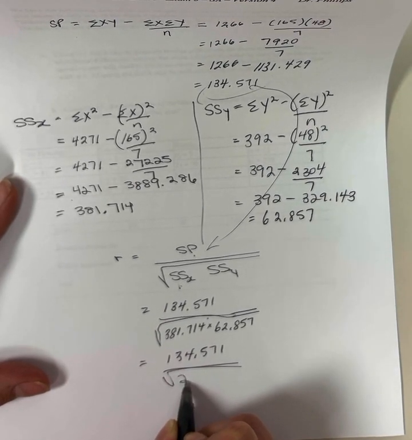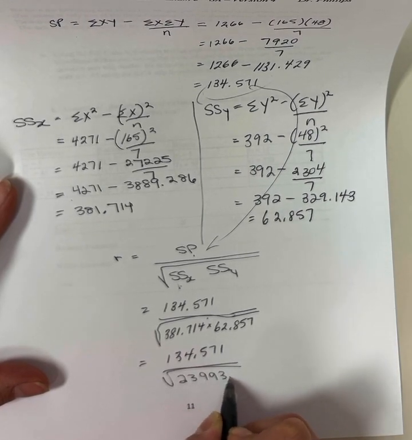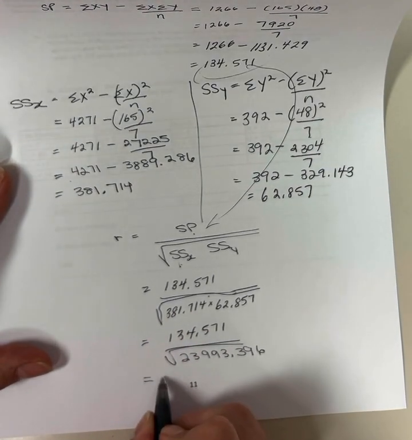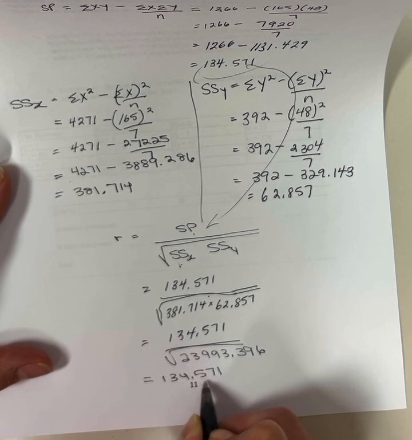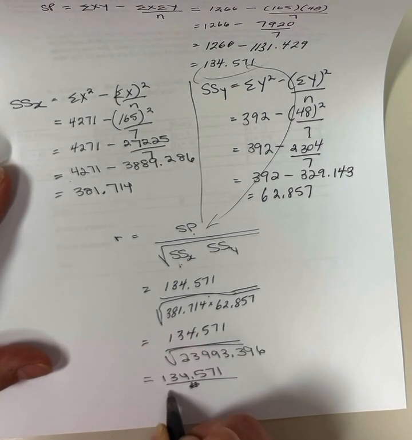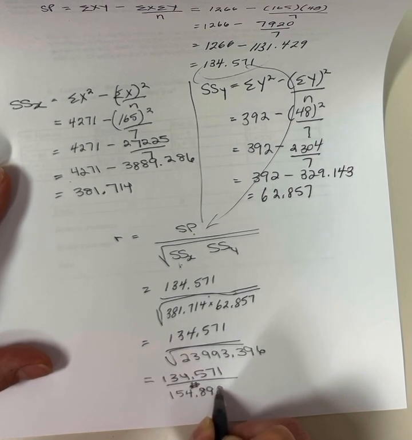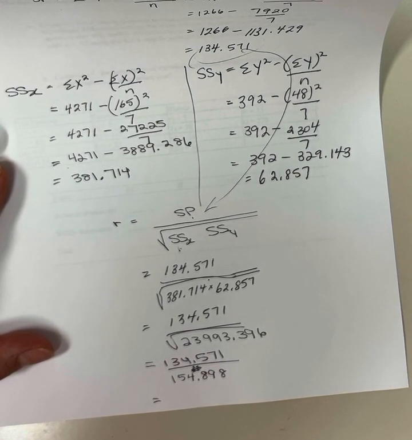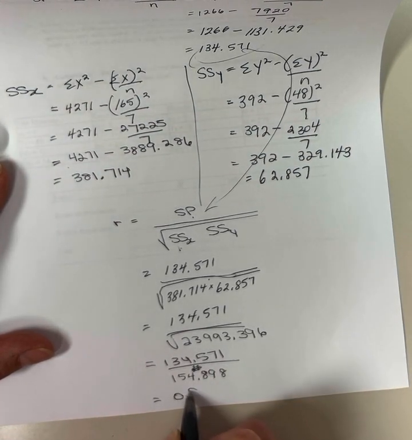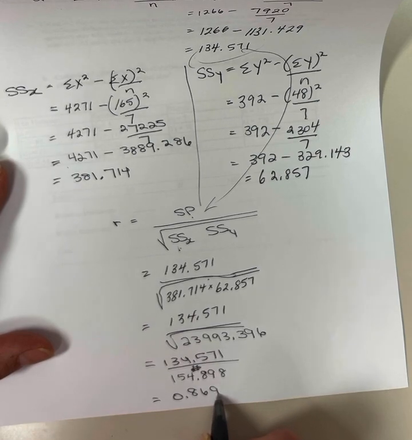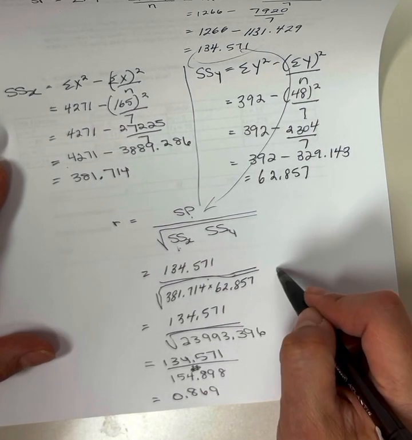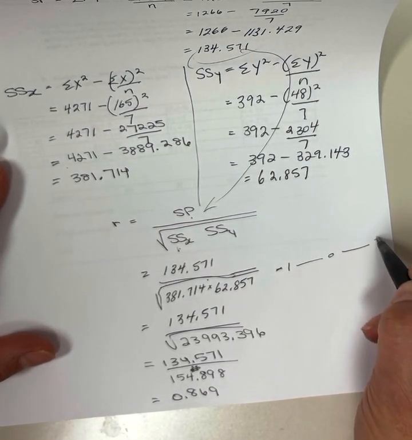So divided by 23,993.396. So I have 134.571 divided by 154.898. Which is 0.869.